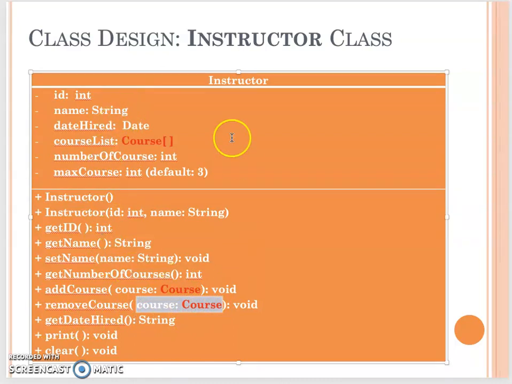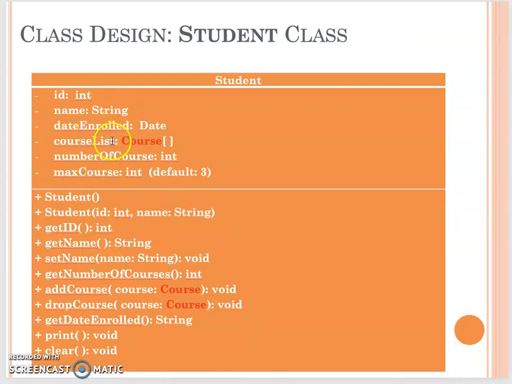So after you have your instructor class, of course you will see here the student class is very similar. Student class and instructor class, they are very similar. They both have ID, name.